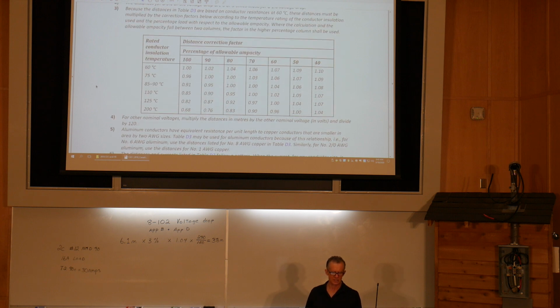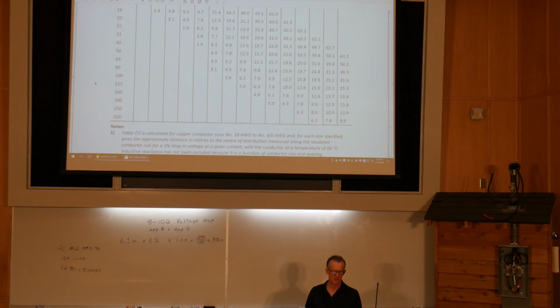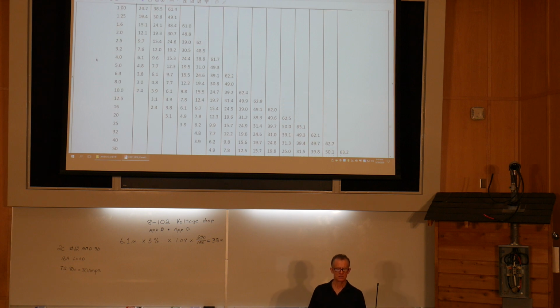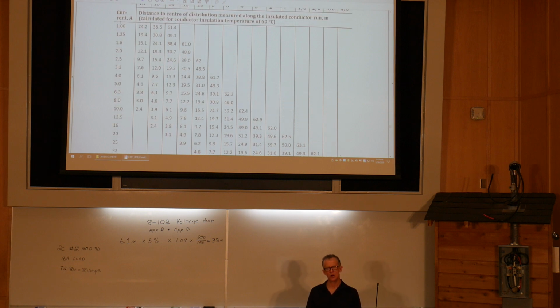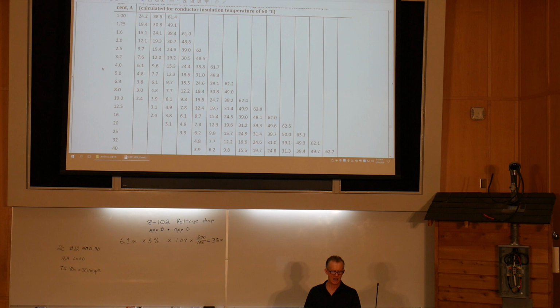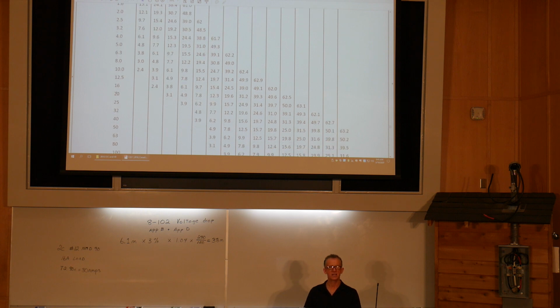What that means is, in the current column, say we had a load of 18 amps. We don't have a listing for 18, we have 16 and 20. So 18 falls in between, and we'd use the 20 amps for our example calculation to get the number out of the table.